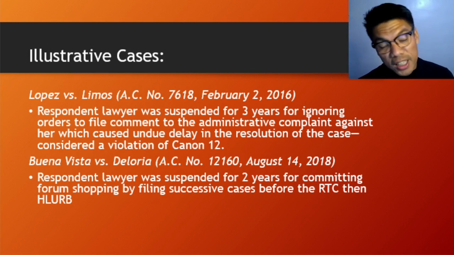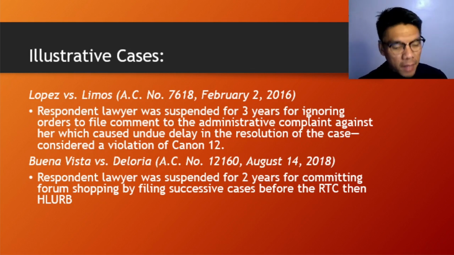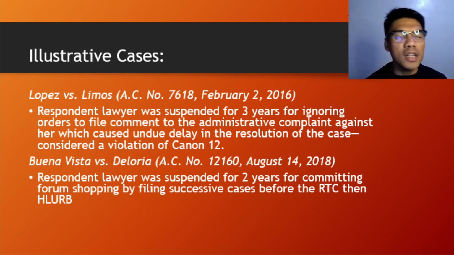So, this case is very interesting because the lawyer, Attorney Limos, was charged by a former client for, I think, negligence in the handling of her case. And the administrative case was filed before the Supreme Court, and the Supreme Court sent Attorney Limos several directives or orders to file her comment and to explain to the court why no disciplinary sanctions should be imposed upon her, but she did not respond.